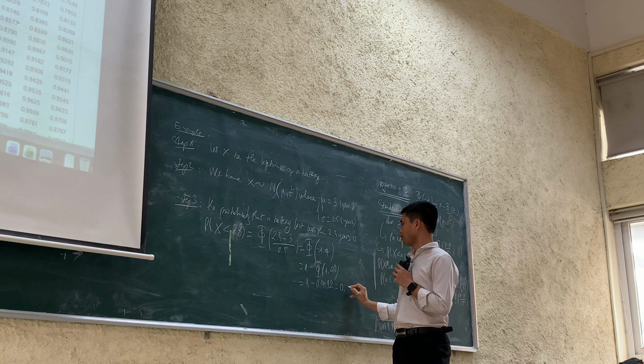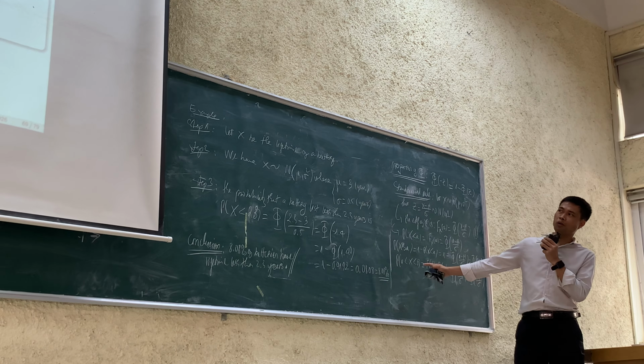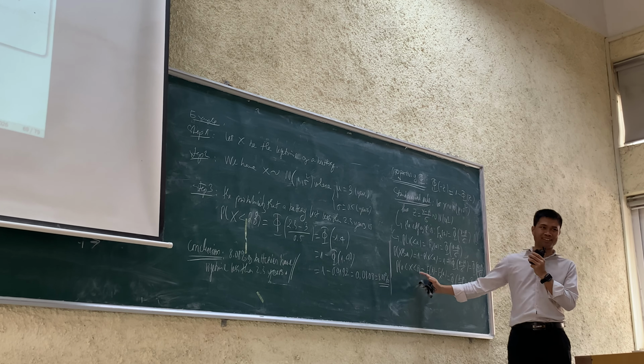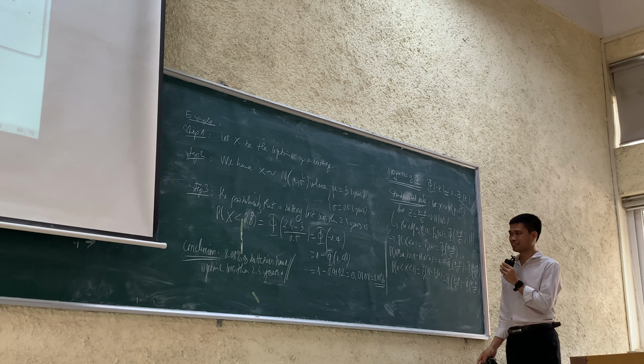Then question B. You find the probability between 2.5 and 3.5. We use this formula here. Okay, so what result? The probability that the battery will last between 2.5 and 3.5 years is P(2.5 smaller than or equal to X smaller than 3.5).